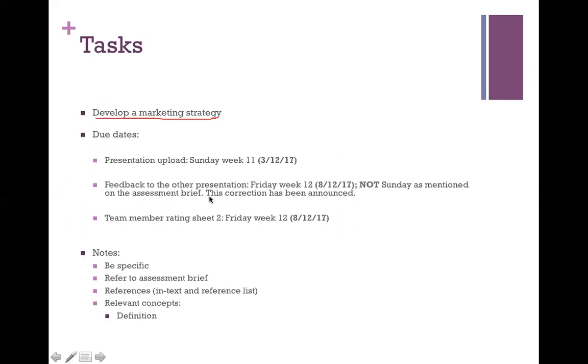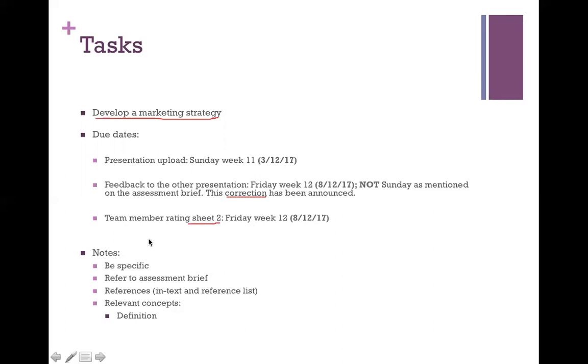This correction was announced weeks ago. Your second round of team member rating sheet is due on the same day. Just email it to me on the 8th of December 2017.